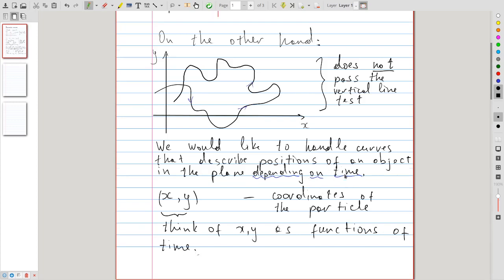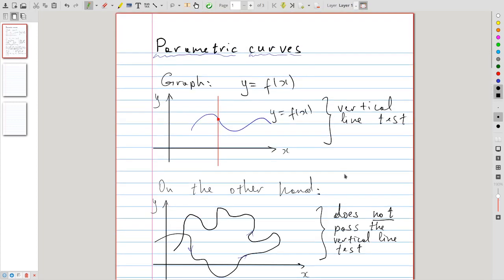So this is the distinction between the curve as we know it, the one that we're used to, where it consists of the points with coordinates x, y. Right? So what is this? This is all the points x, y such that y is a function of x.